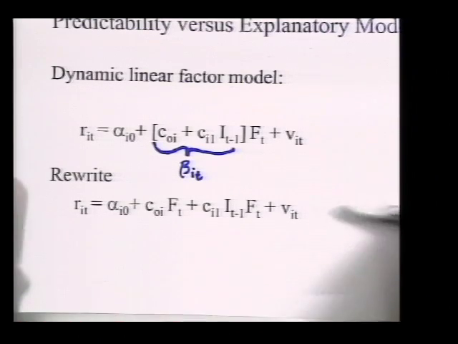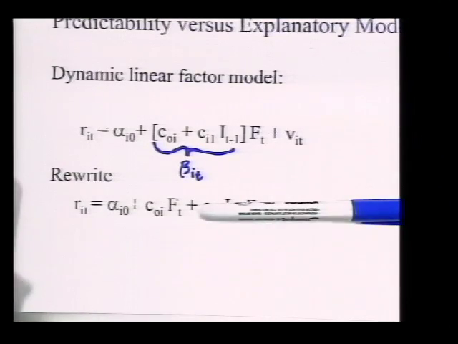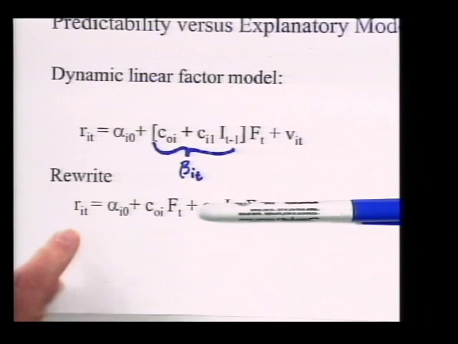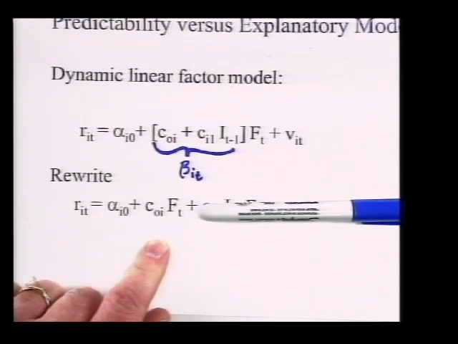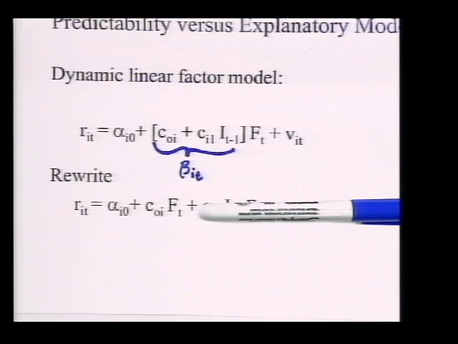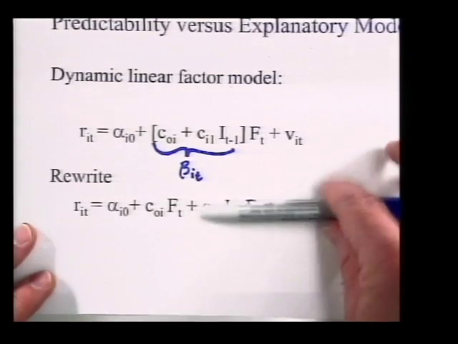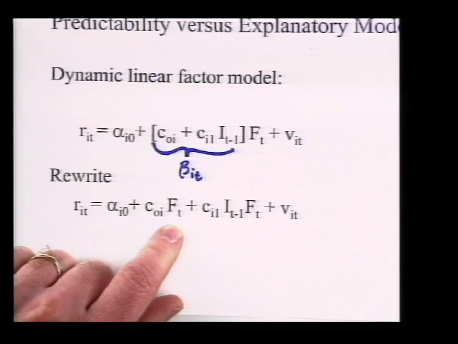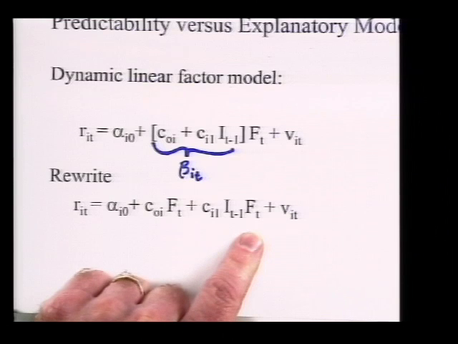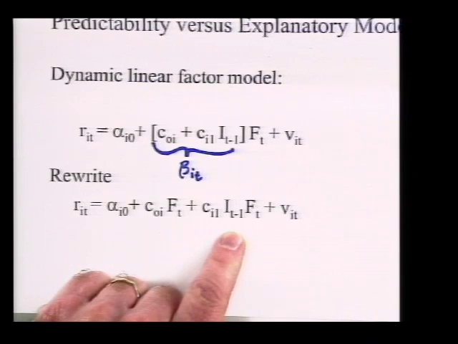Our original regression was a simple bivariate regression where we regressed the returns on the factor and got an intercept and a slope. Now what we're going to do is regress on two variables: the factor, and then this extra variable that we created by multiplying the factor times the lagged value of the interest rate.